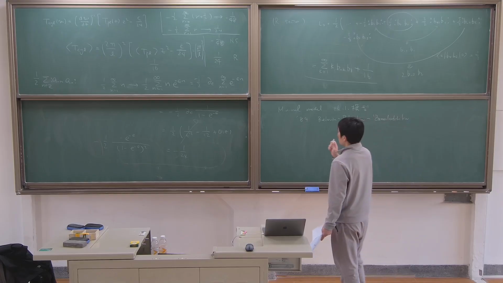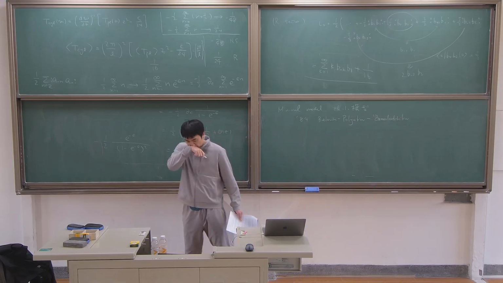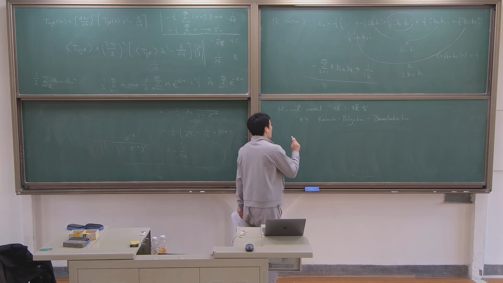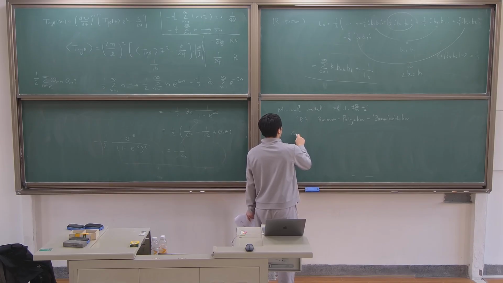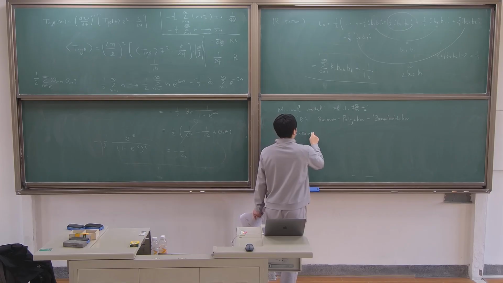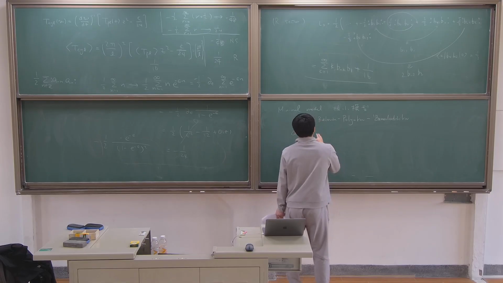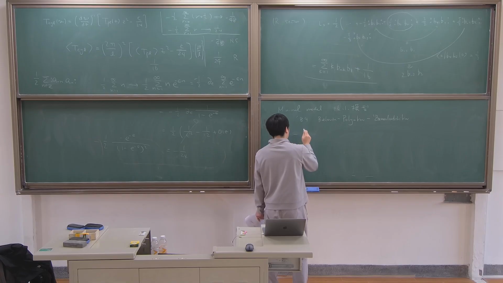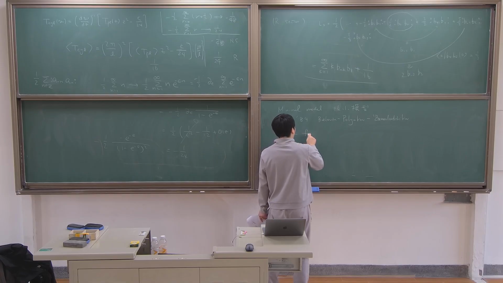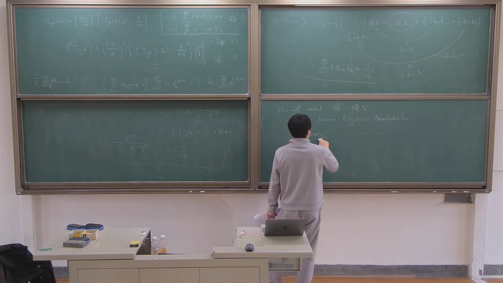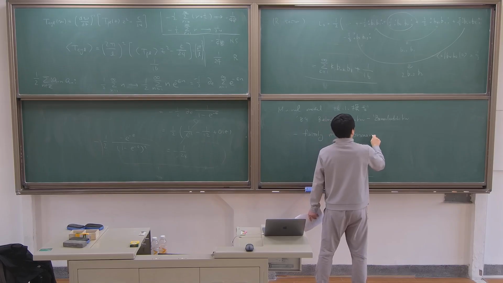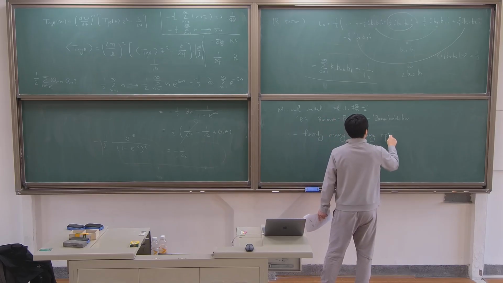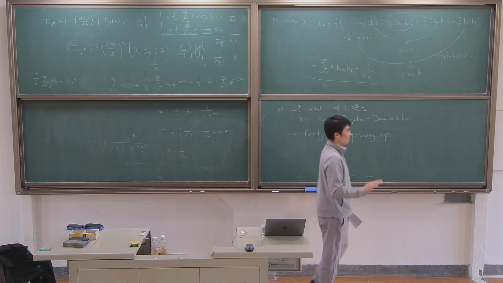What is the important part of the minimal model? The most important property is that the minimal model contains finitely many primary fields, primary operators. They're not infinite.